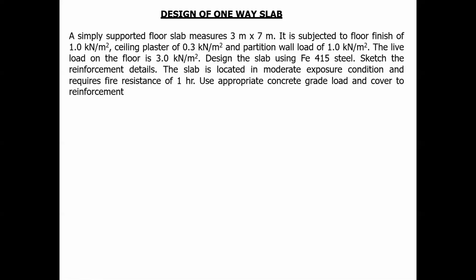ceiling plaster of 0.3 kilonewton per meter square, and partition wall load of 1 kilonewton per meter square. The live load on the floor is 3 kilonewton per meter square. Design the slab using Fe415 steel. Sketch the reinforcement details.